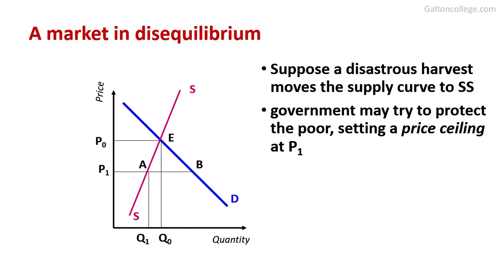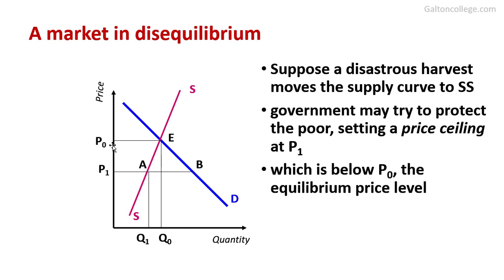Let's say the government tried to protect the poor by setting a price ceiling at P1. So the government is worried about the price of food going up to P0, a very high price for food. It's worried about poor people not being able to afford it, so it fixes the price at P1 to try and help them.